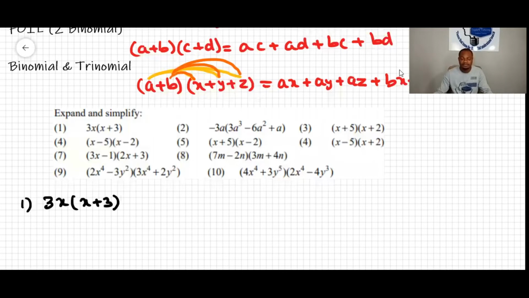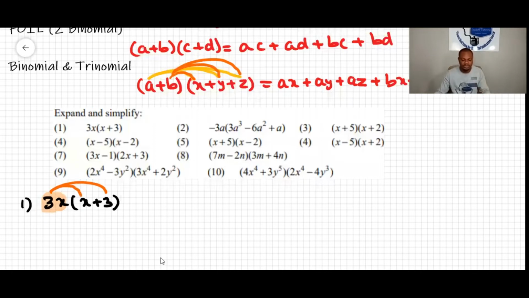We can apply the distributive law here. It's when we do 3x times x and 3x times 3. So we take the whole 3x and multiply it by x and by 3.